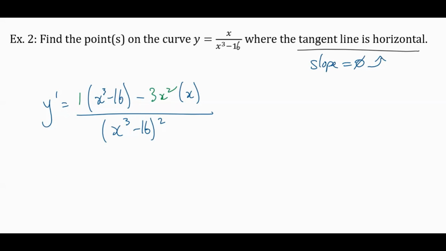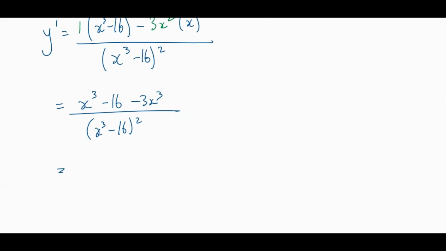And again, here's a case where we need to clean this up. Well, we're going to have to anyway. So whether you did it now or later, you're going to anyway. But if you look carefully, the top is going to simplify kind of nicely. It's not a lot of work, so it's worth it. And I believe it works out to negative 2x cubed minus 16 all over x cubed minus 16 squared.